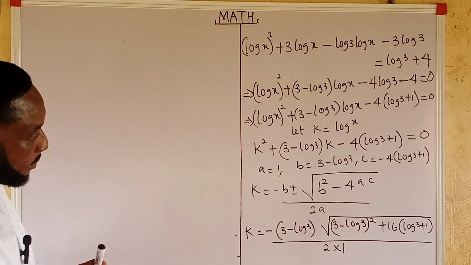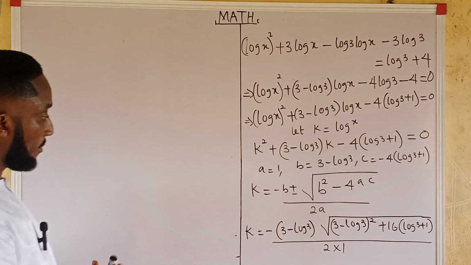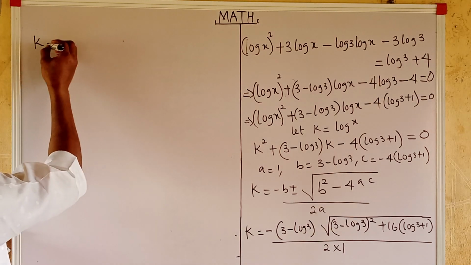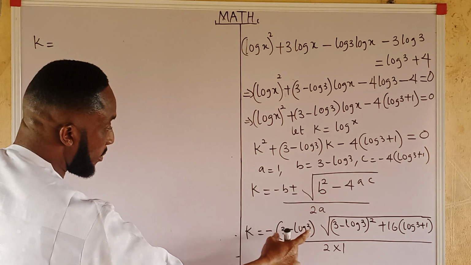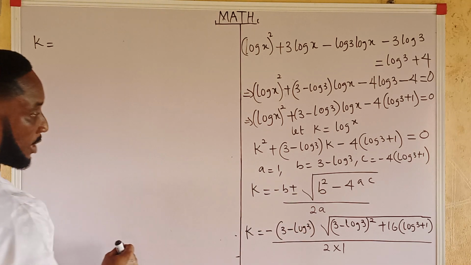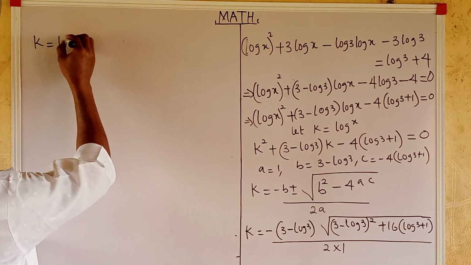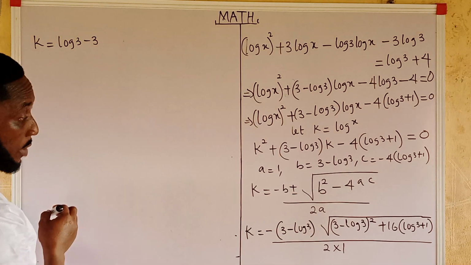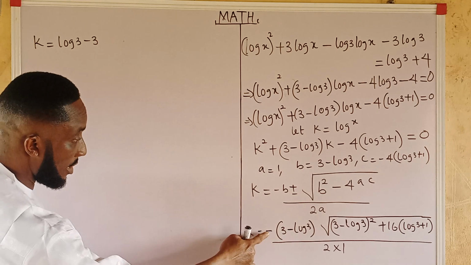Now, we'll do some cleanup. The cleanup is this: we should be able to take care of the radical. So I'm going to be having k equal to, I will try and use negative to open this parenthesis so that we can have some nice stuff there. So that will be log 3 minus 3. So it's better like this. Log 3 minus 3. What I've done here, folks, it's not rocket science.